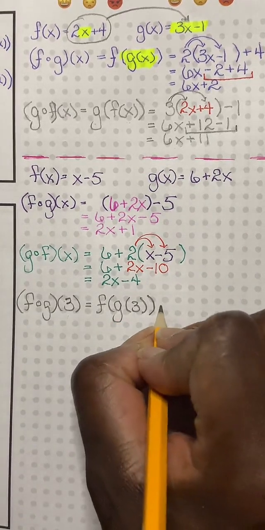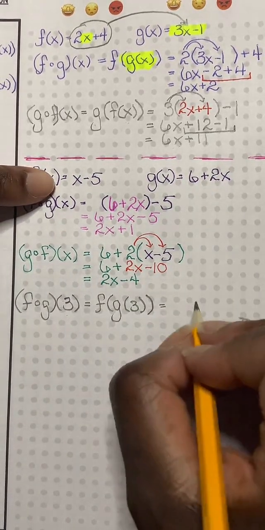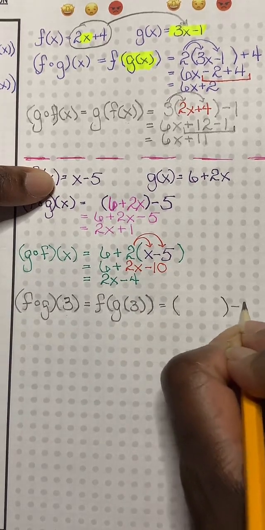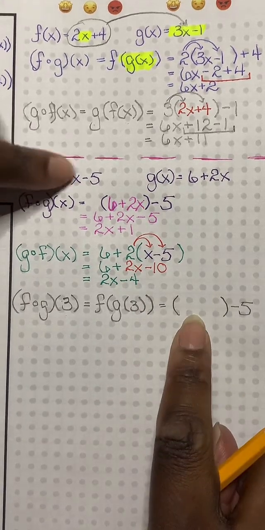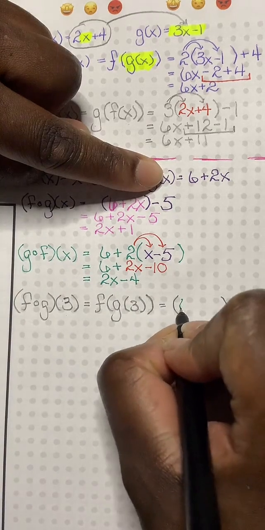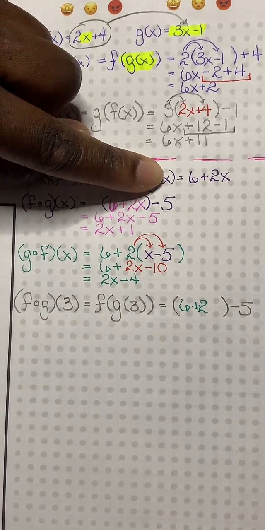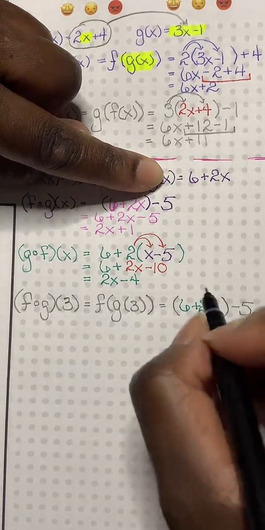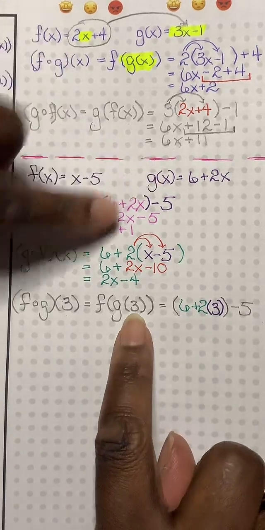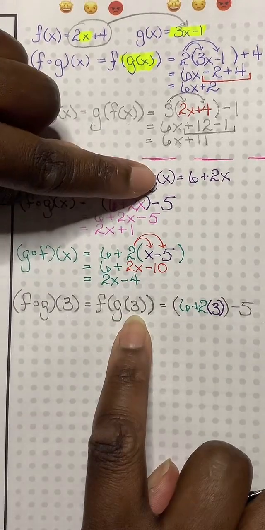They're saying, if I have my f function, so instead of an x, we're going to be doing some substitution. But inside the g function, we're saying there's going to be a 6 plus 2, but not just 2x. It's going to be 2 times 3. Because as you can see, there's a 3 that's in the same spot where x would be.